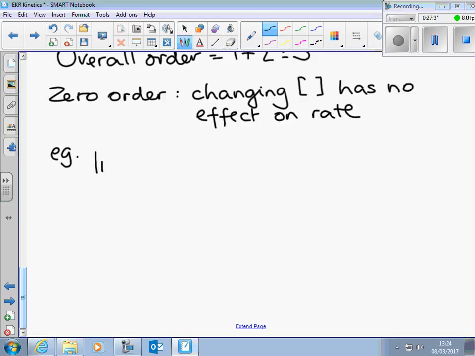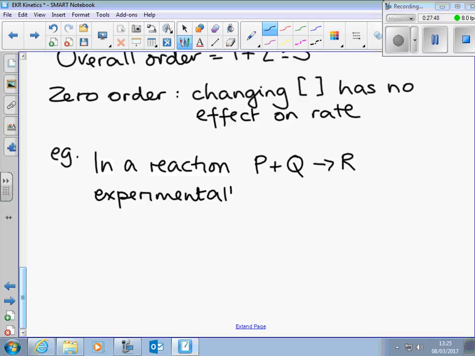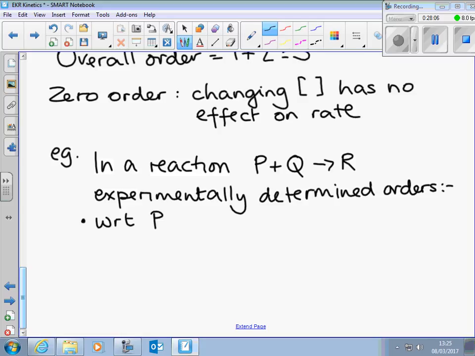If you've got a reaction, let's use some different letters, that P plus Q gives you R. If the experimentally determined orders are such that with respect to P, that means keep Q constant but keep changing P.